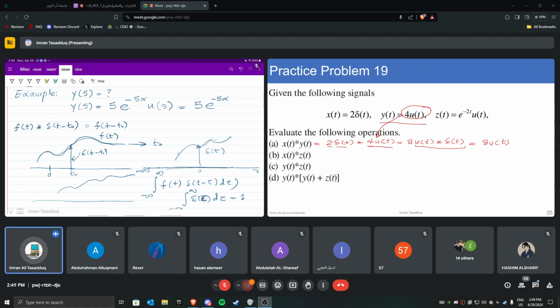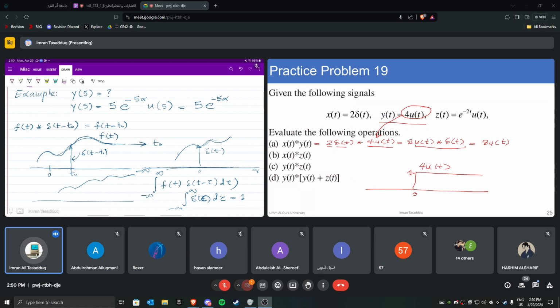Yes, but this is u of t, right? And the height is 1. But since it is 4 u of t, this becomes 4. Just the amplitude. Just the amplitude, exactly. If we multiply the signal by this signal, we will not multiply it by 1, we multiply it by 4.